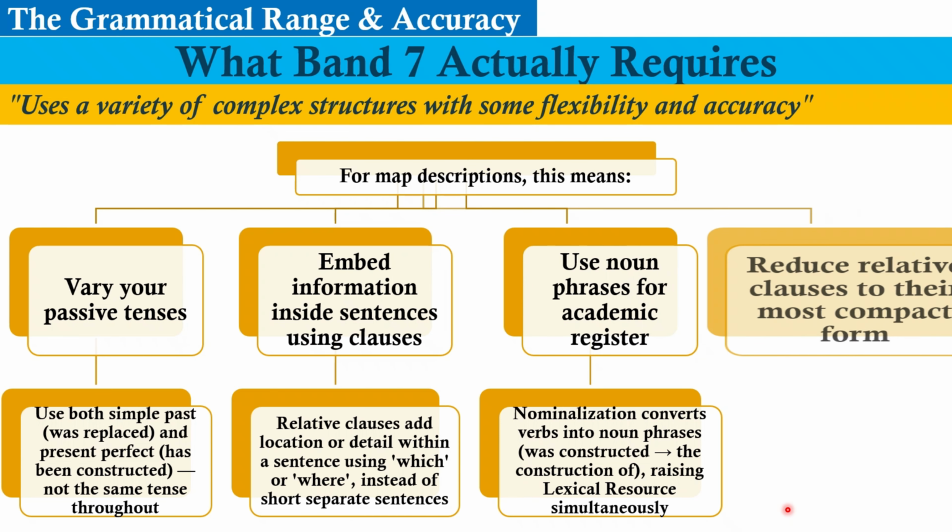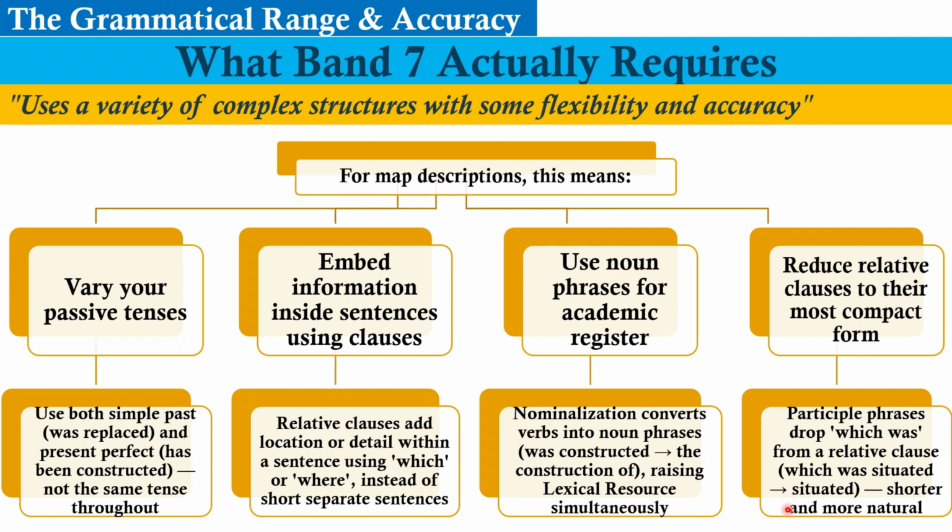The fourth structure is the participle phrase. This is a more compact version of a relative clause and helps you avoid repeating expressions such as which was located or which was situated. Over the next 4 slides, we will look at each structure individually, see how it works, and learn how it can help move a map description from a basic band 5 response towards band 7 and above.